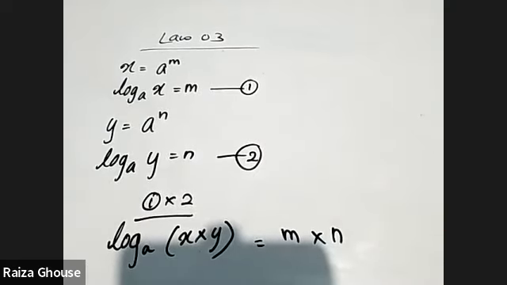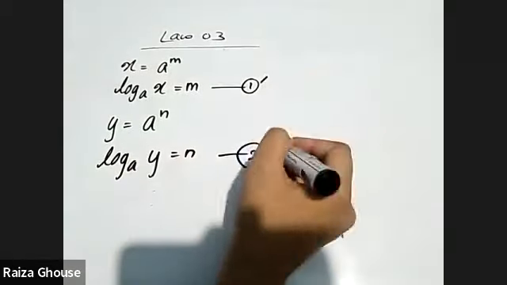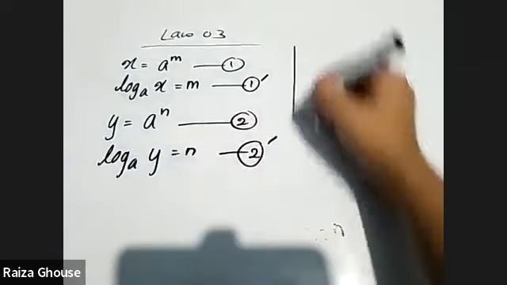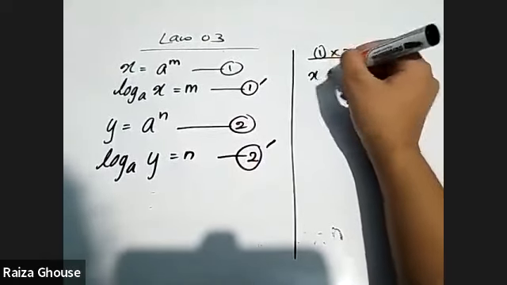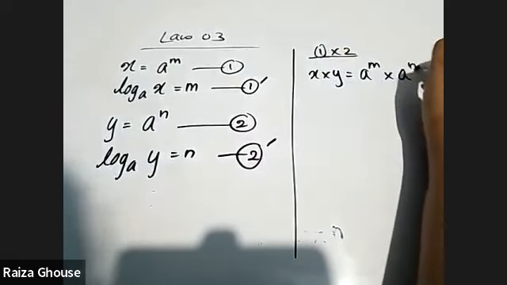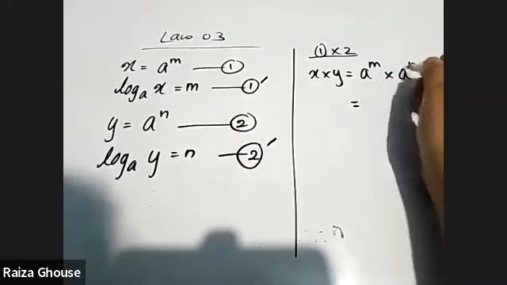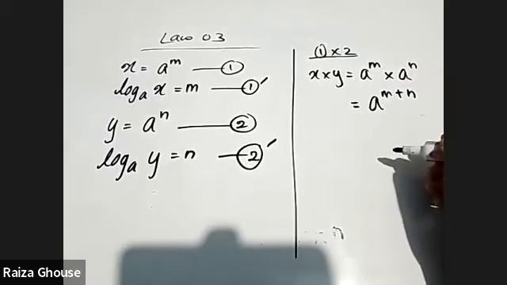Take it like that, 1 dash, 2 dash. Now 1 into 2: here I'm taking x into y equals a to the power m into a to the power n. A to the power m into a to the power n means I can add m plus n. Is that clear?